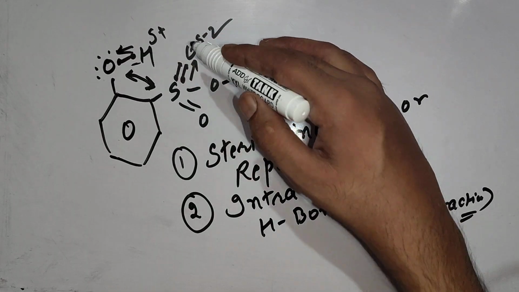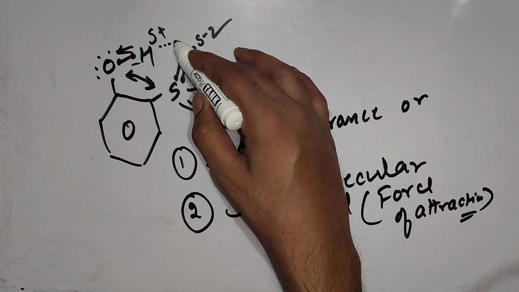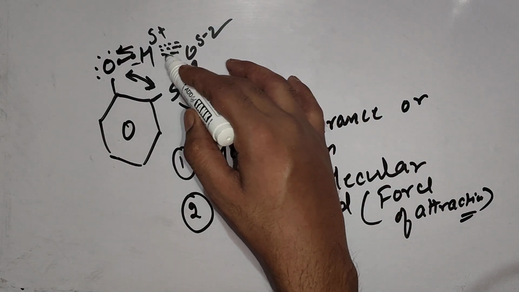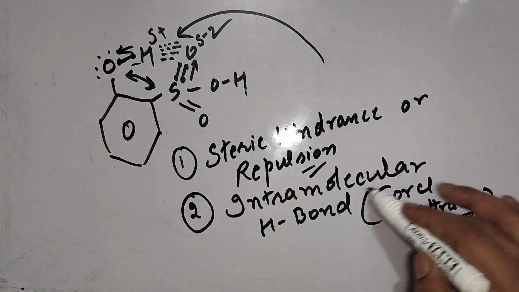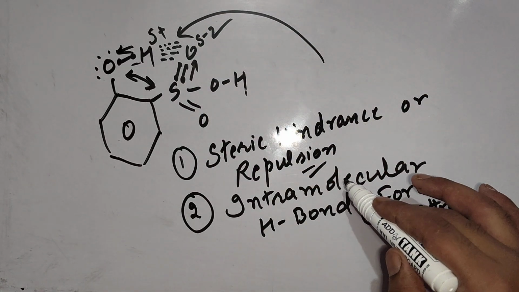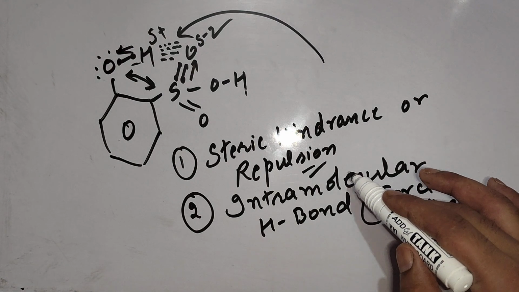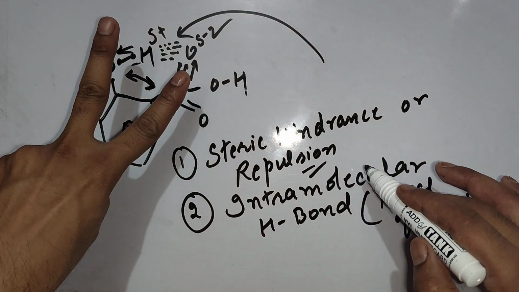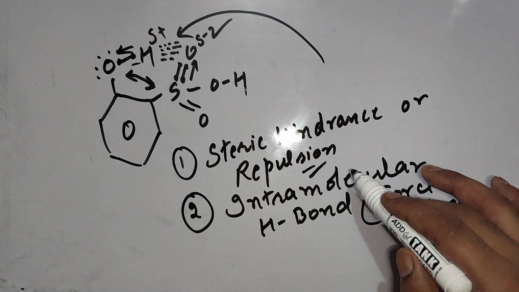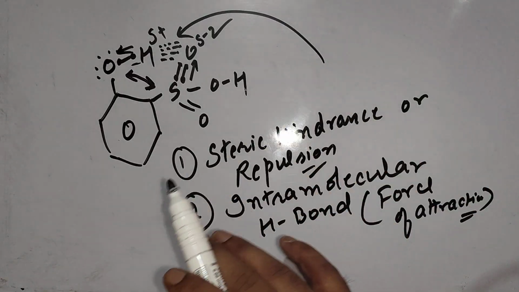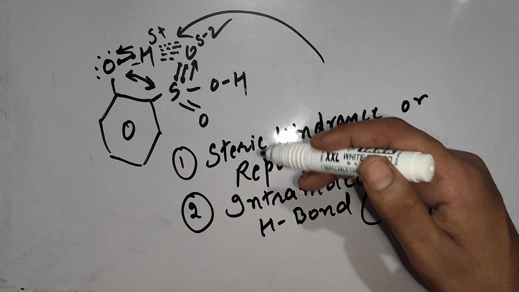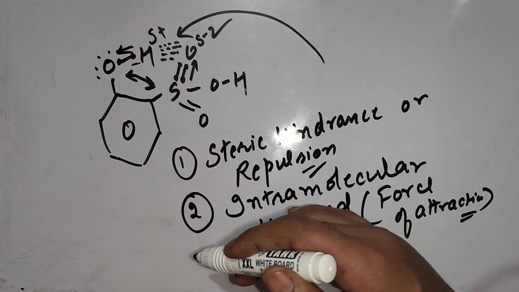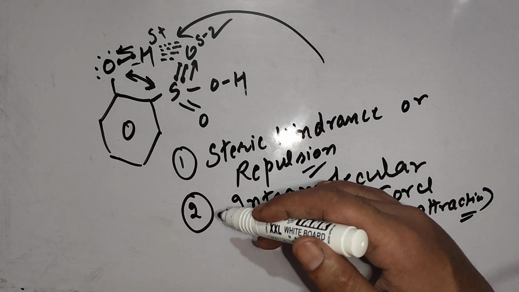Positive, negative, very close to each other, so they will have a force of attraction. This force of attraction is known as intramolecular hydrogen bonding, and it is trying to bring these two groups close to each other. So these are the two factors which are working. Now one is saying repulsion, one is saying attraction. Which factor will dominate?